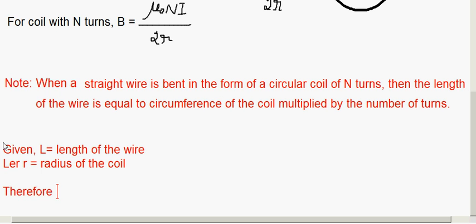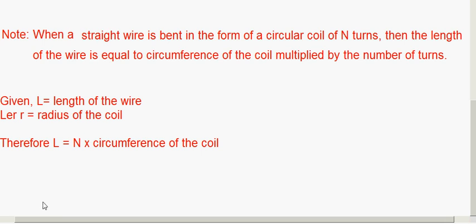Length of the wire capital L is equal to N times the circumference of the coil, because the coil has N turns and the total length is L. Now L is N into circumference, which is 2 pi r.